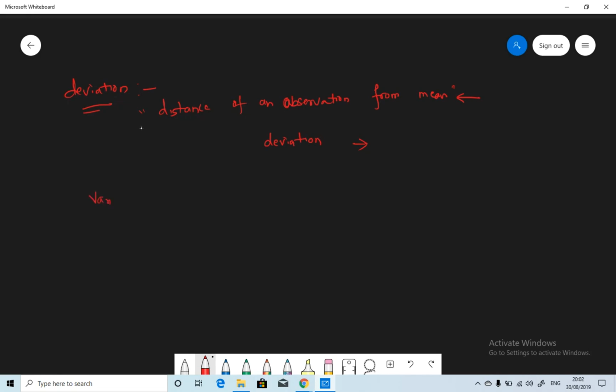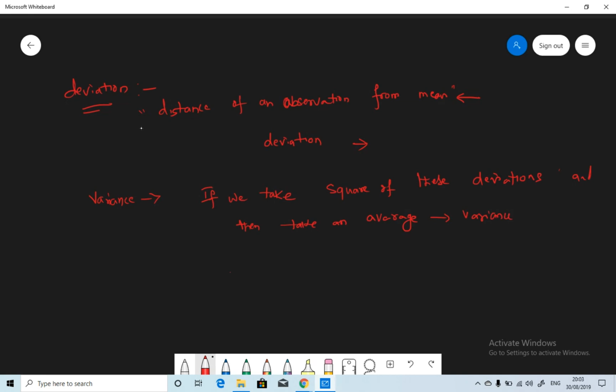Then what is variance? Very simple thing. If we take the square of these deviations and then take an average, this is nothing but our variance.